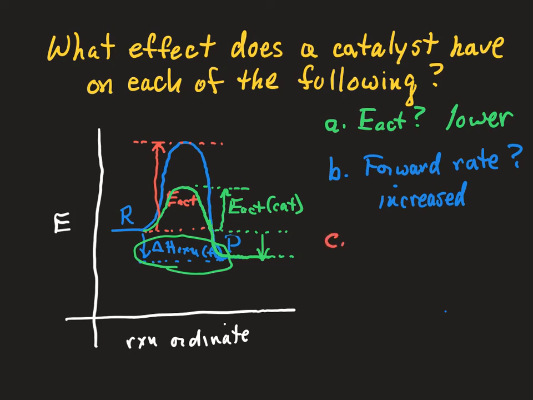What about C? The reverse reaction rate. Well, if we consider the activation energy for the reverse reaction, the activation energy for the reverse reaction without catalyst would be that much.